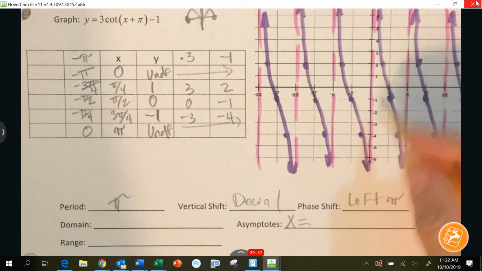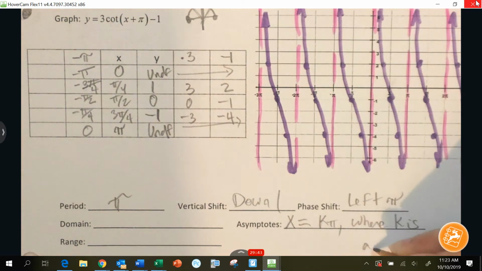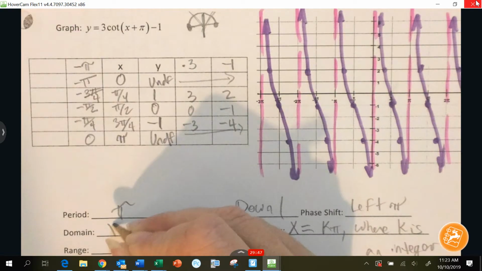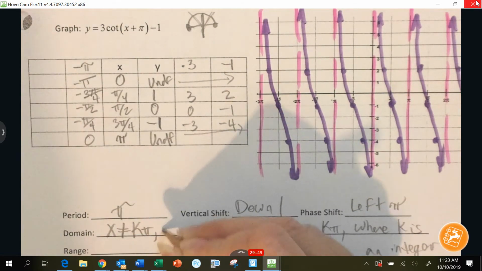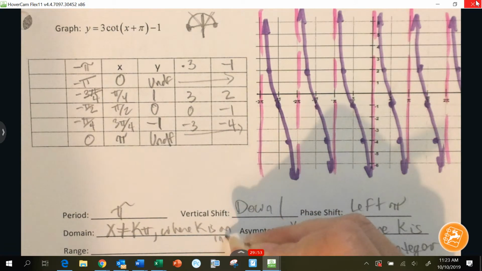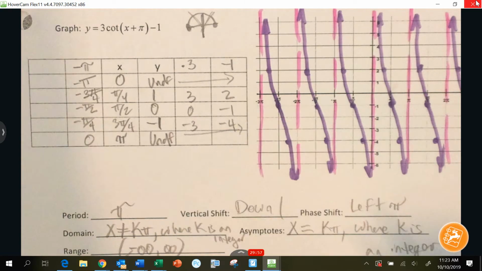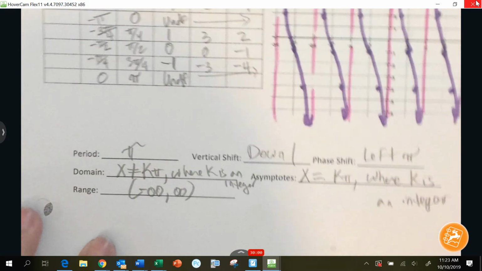Okay, so we have 0. We add on k pi, or pi k, where k is an integer. And then range goes from negative infinity to positive infinity.